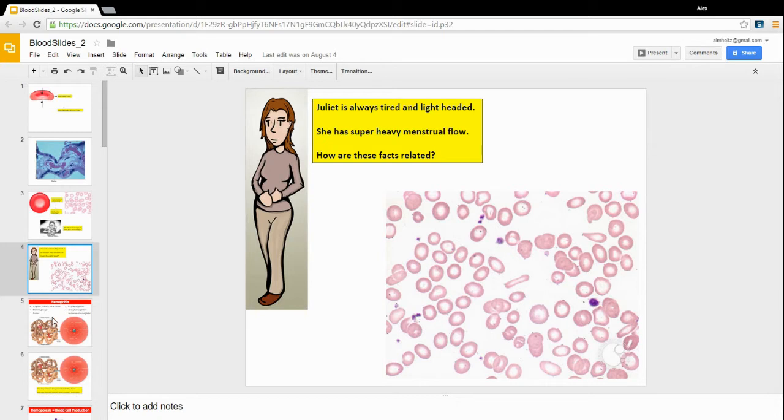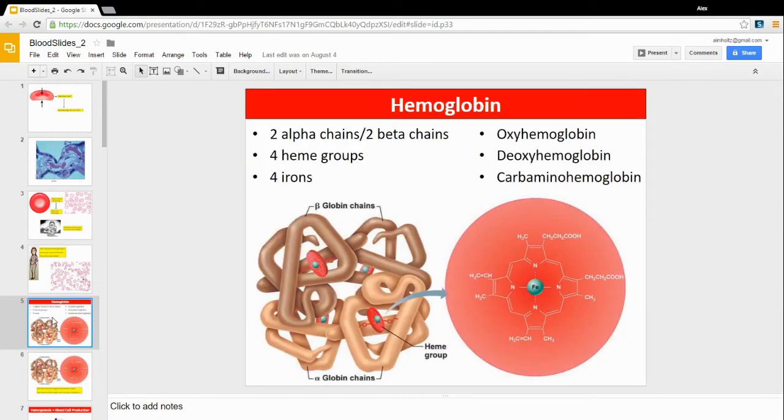All right, onward, more about red blood cells. We know that they are basically bags that are stuffed with a protein called hemoglobin. They're able to be stuffed because they are lacking a nucleus and organelles.